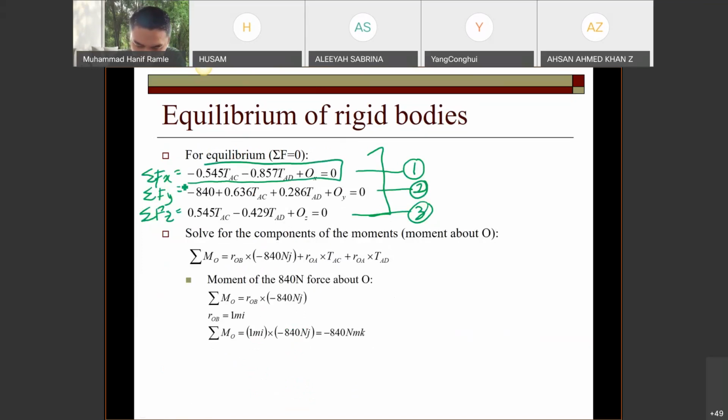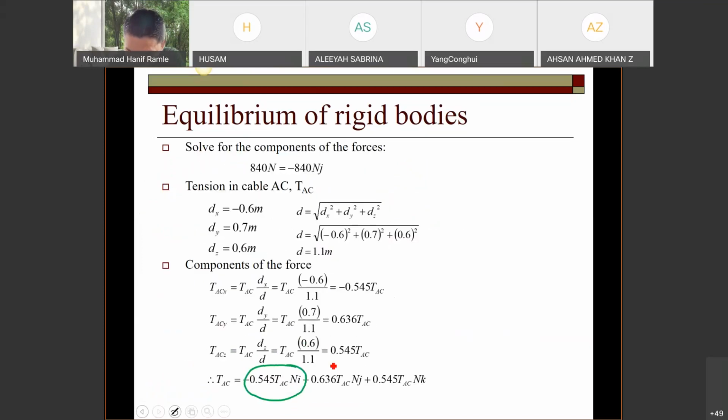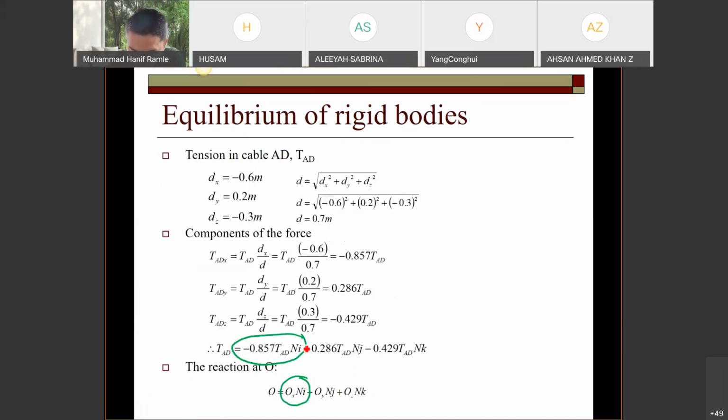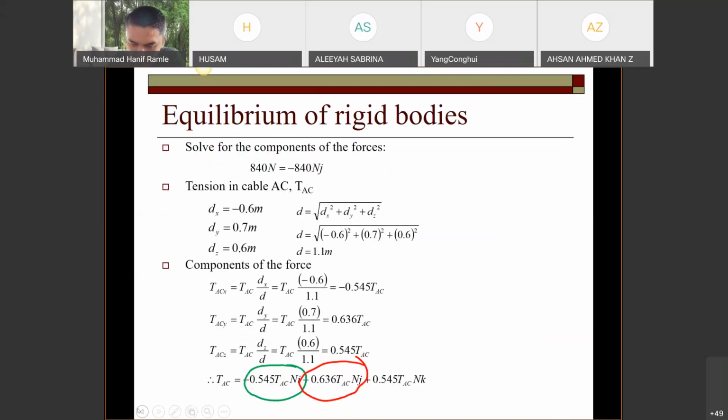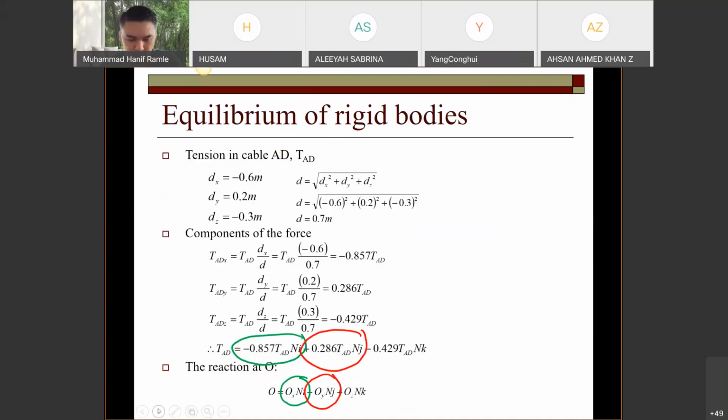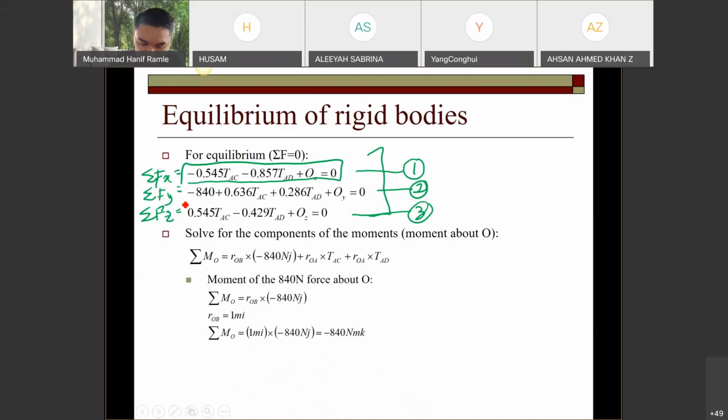And the y component: this one, the y component plus this one plus this one, and don't forget the 840. Where is the 840 in this slide? This one. This is the y component. So you add all the y component, you will get this one.